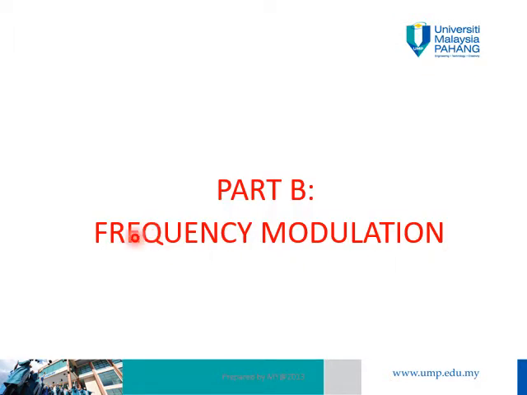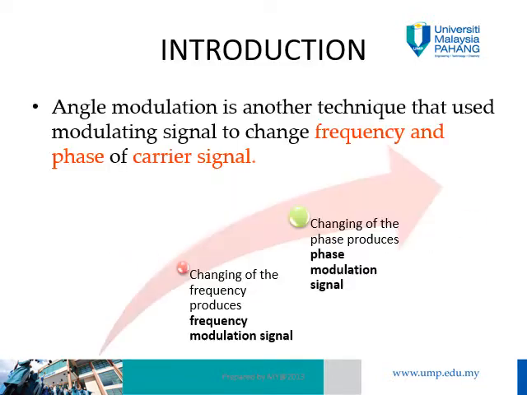Okay, so frequency modulation. We have seen this slide before. Frequency falls into angle modulation, which is another technique that can be used in modulating a signal, to change the frequency and phase of the carrier signal.